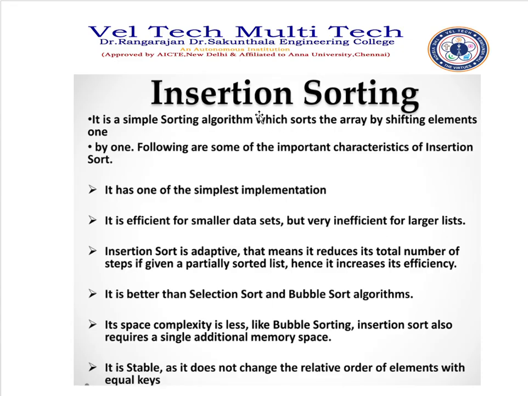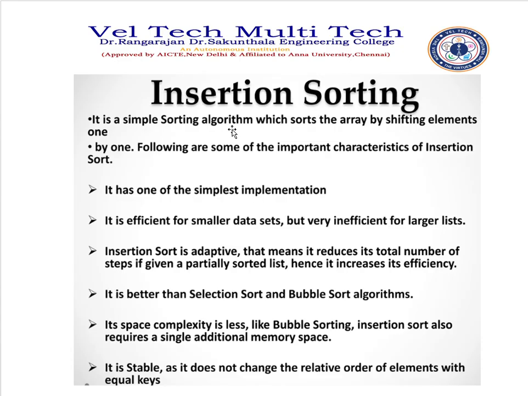Compared to bubble sort, this is also a simple sorting algorithm, whereby you sort the array elements one by one by shifting the elements towards the left. Following are some important characteristics of insertion sort.